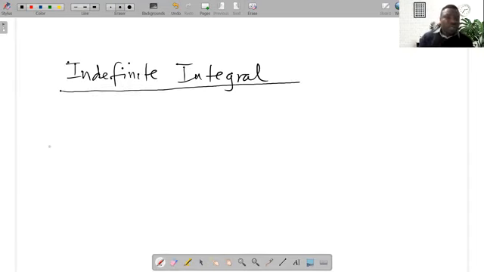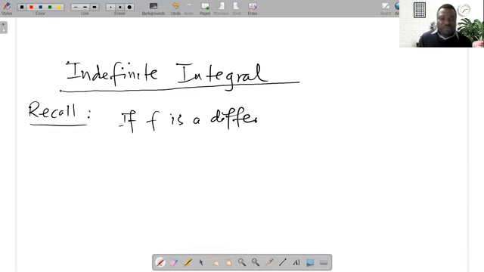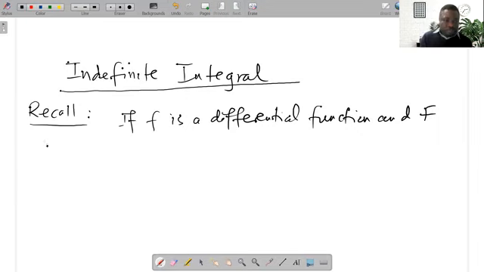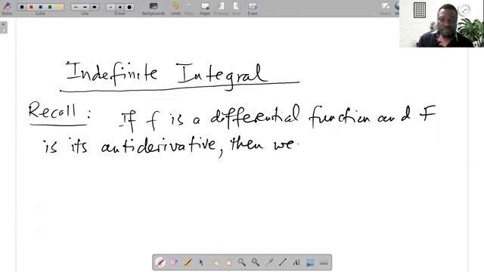All right, so if we do a recall, basically we said that if, let's say, f is some differentiable function, and big F is its antiderivative, then we can write the whole thing in this form.